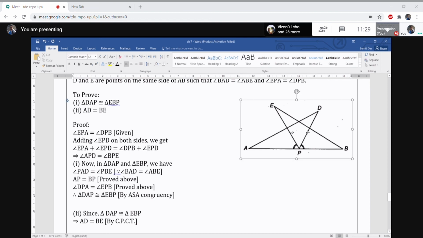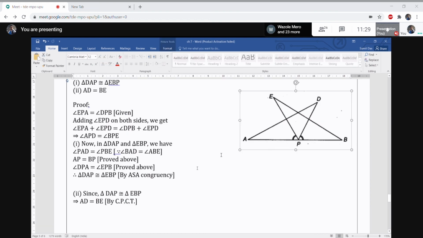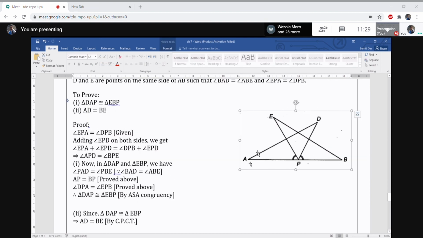Then the proof part now. It is given EPA and DPB, the double line, you can see they are equal, right? Now I'm adding angle EPD on both sides. Then we'll get EPA plus EPD and DPB plus EPD.